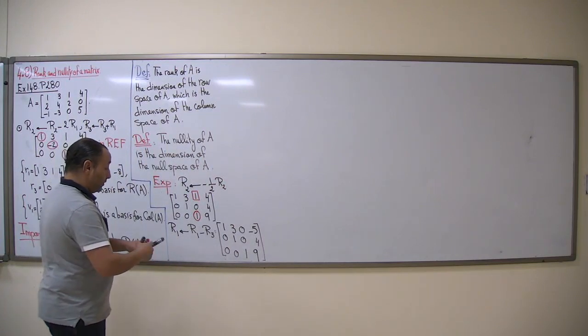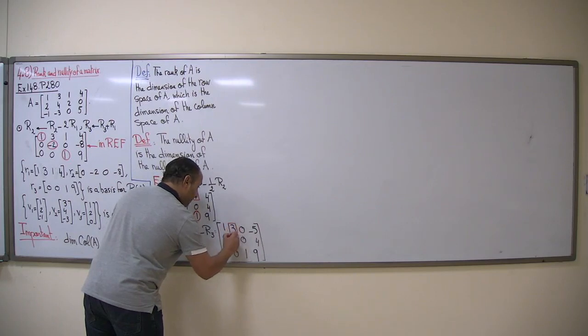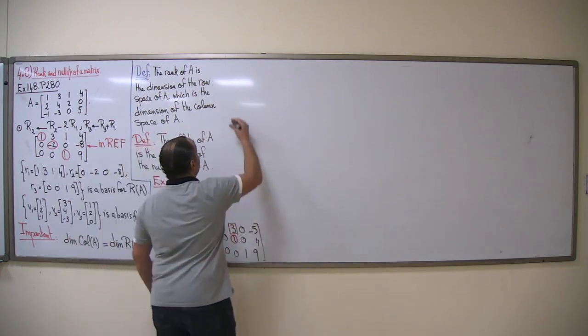Now I use this pivot here to make this entry equal to 0.